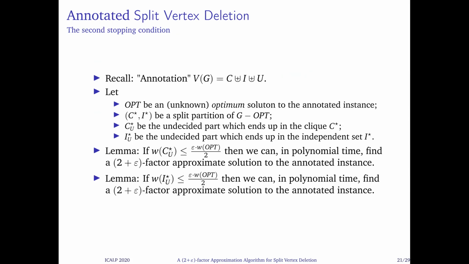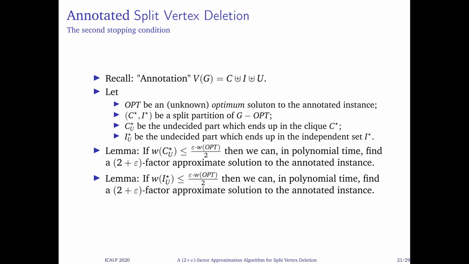The second stopping condition is slightly more involved. Let opt be an unknown optimum solution to the annotated instance, and let C star, I star be a split partition of G minus opt. C star U we define to be those undecided vertices which finally end up in the clique C star, and I star U are those vertices which are currently undecided and which end up in the independent set I star.